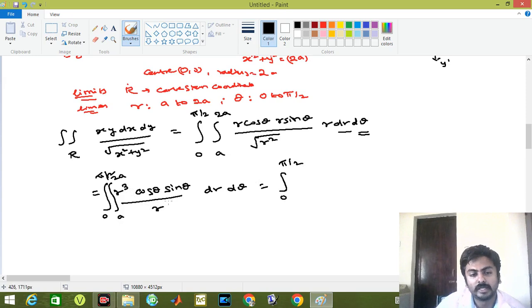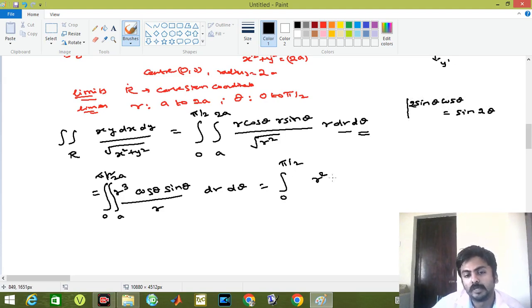This r cube and r will get cancelled, and you will get only r square. Here you have sin theta and cos theta. We know there is a formula that 2 sin theta cos theta can be written as sin 2 theta.